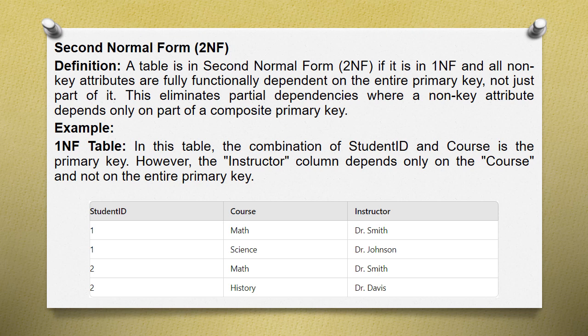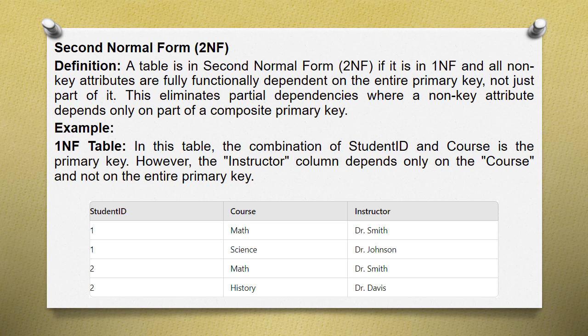It should be that all non-key attributes are fully functionally dependent on the entire primary key. So there are basically 2 conditions for second normal form. The first condition is that the table should be in first normal form, and the second condition is that there should not be any partial dependency.